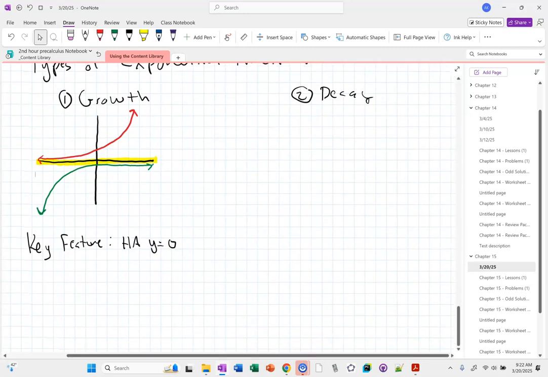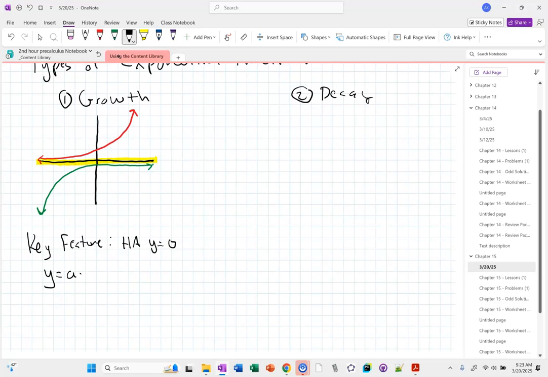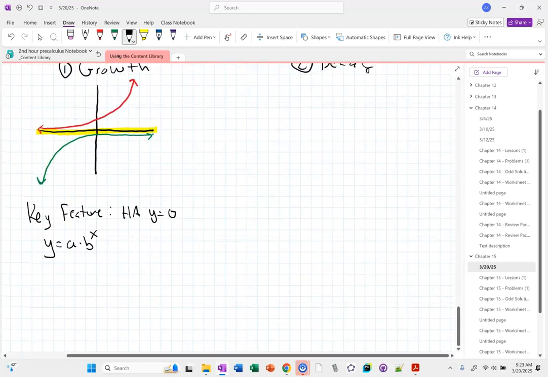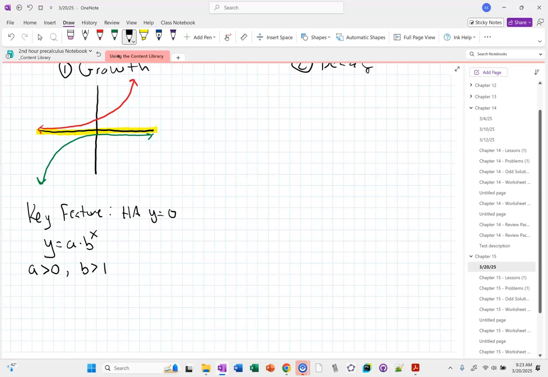So, if I have my exponential function written in this way, it's going to be exponential growth if a is greater than 0 and b is greater than 1. That's going to be like the red graph.